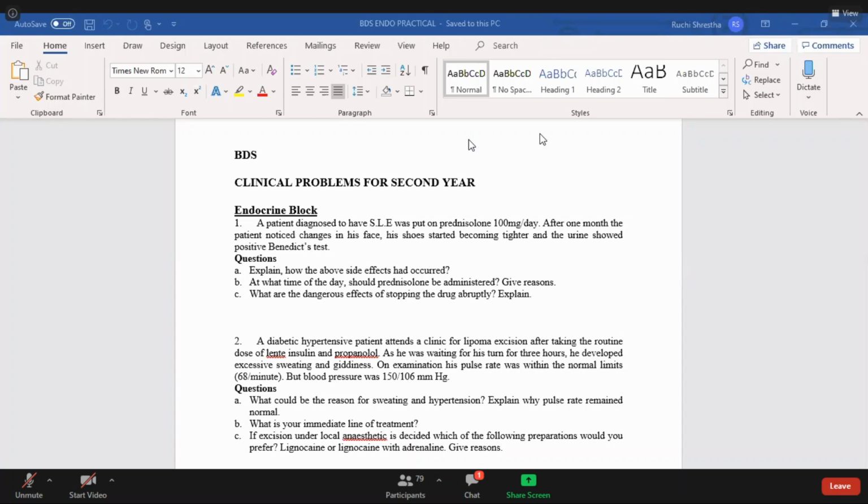Local anesthetics are usually given locally. It's not given systemically. It does go into systemic circulation, but locally. Adrenaline cannot be given in arteries. It's not given in normal cases as well.